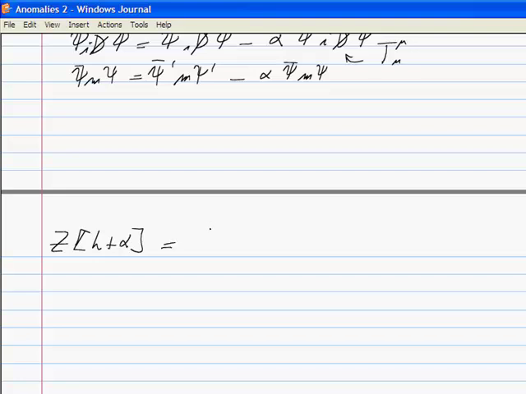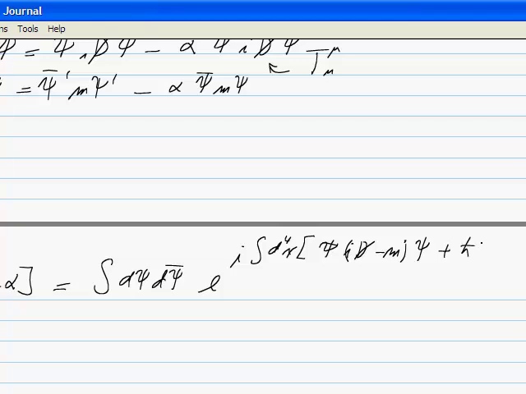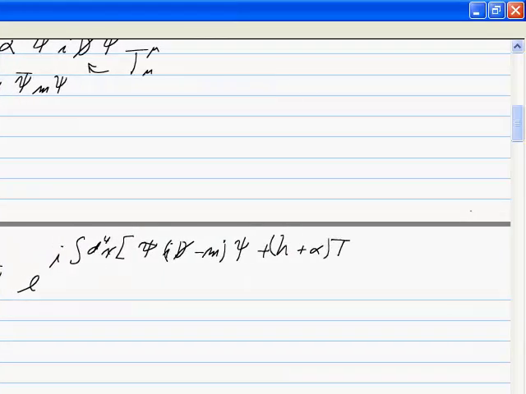This is the integral d psi bar d psi e to the i integral d4x, I'll write the piece out here, psi bar i d slash minus m psi plus h plus alpha T mu mu.